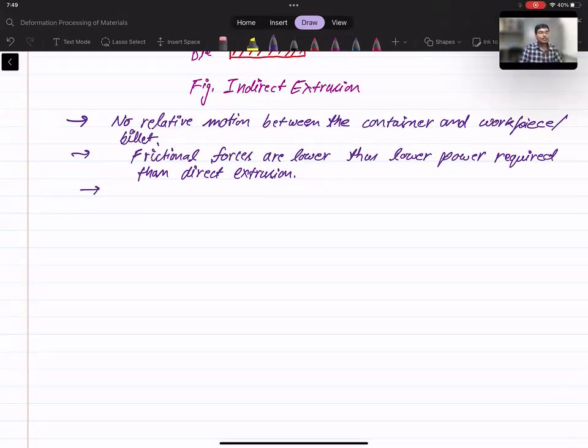But the requirement of hollow rams is the disadvantage of this particular process.